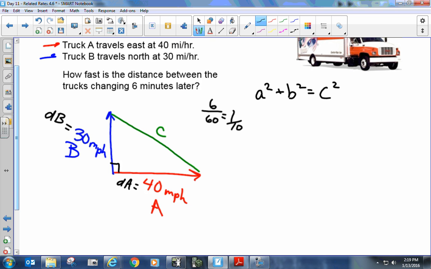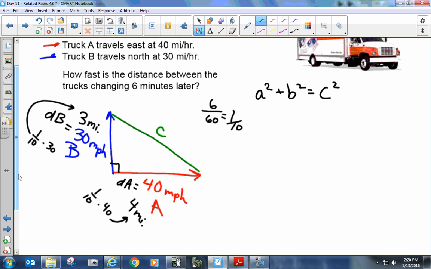That means in 6 minutes, if it's going 40 miles an hour, it would go 4 miles. Okay? Because 1/10 times 40 gives me 4. What is 1/10 times 30? 3. So this side is actually 3 miles.